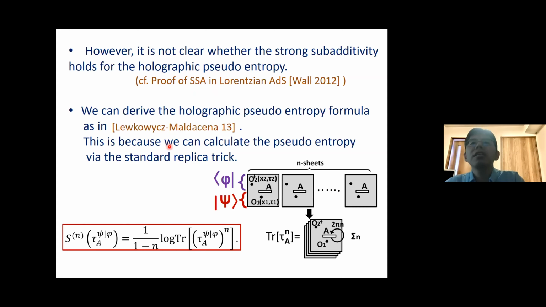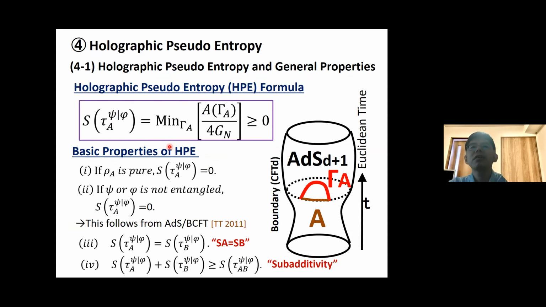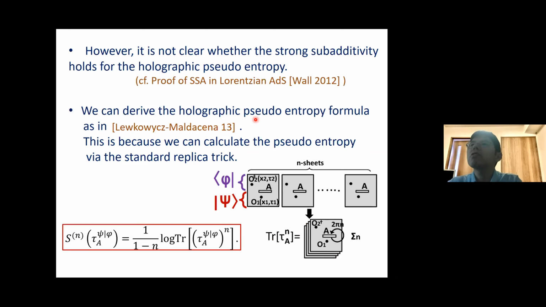I didn't mention so much about the derivation of this formula, but actually this equivalence is quite obvious from the viewpoint of the Lewkowycz-Maldacena derivation of holographic entanglement entropy based on the bulk-to-boundary relation, because we can think about this kind of replica calculation. With a new twist on this replica calculation, we have two different states. The bar phi state is created by this operator, and the psi state is created by another operator inserted in a different location.